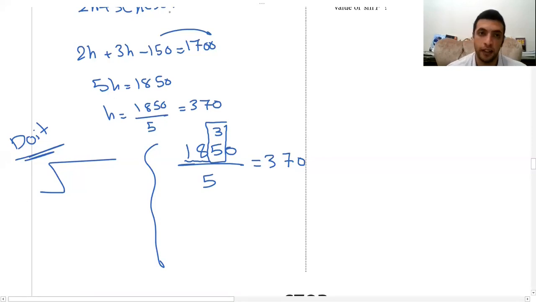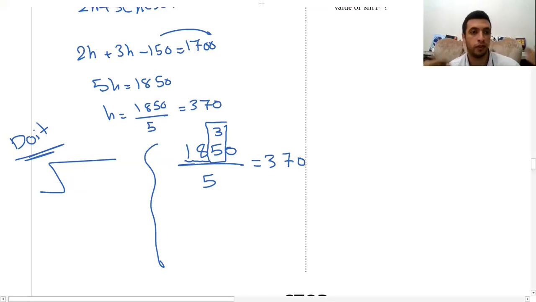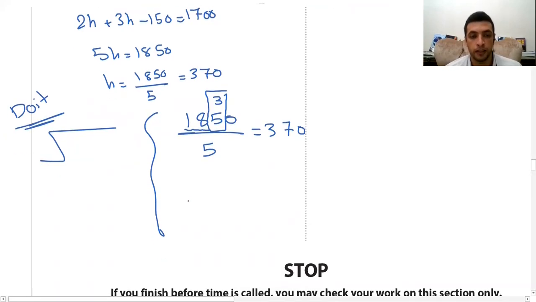Again, let me repeat this part. How to solve division without long division, without a calculator. If you have 1850, or let me say another number, 2600 over 5.